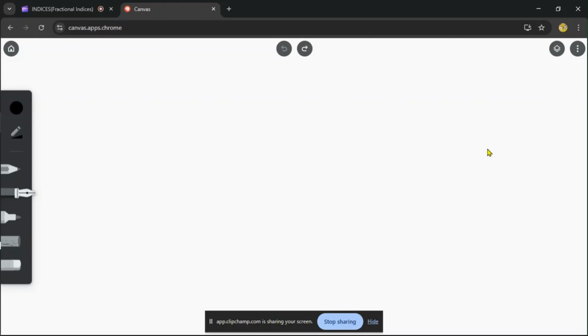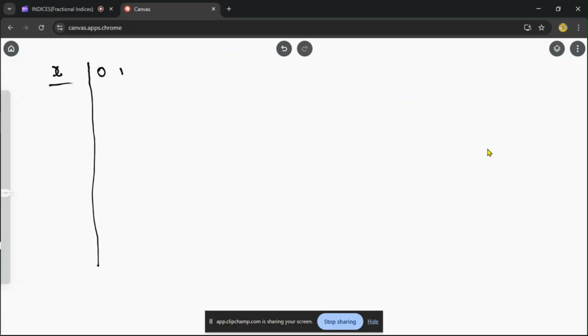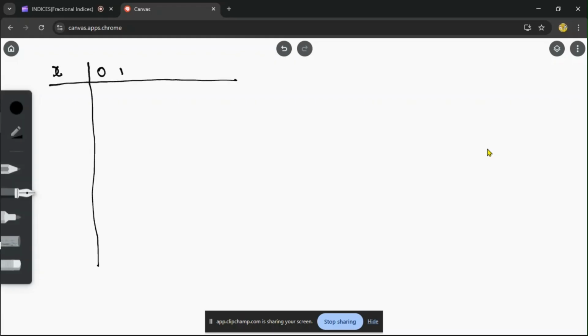We have the first part, the column of X. Then we have the column that has been written 0 all the way, 1, 2, and the last value here is 9.